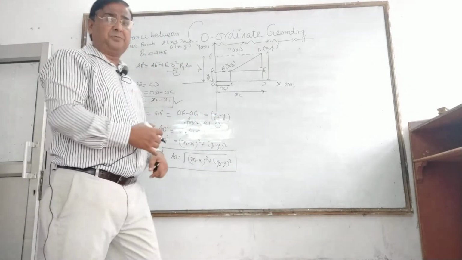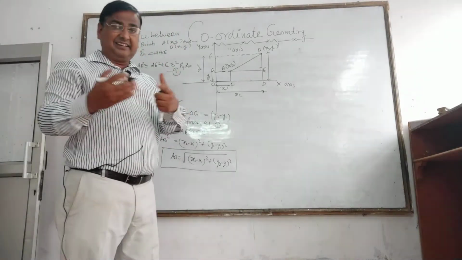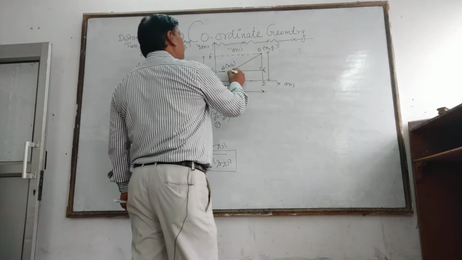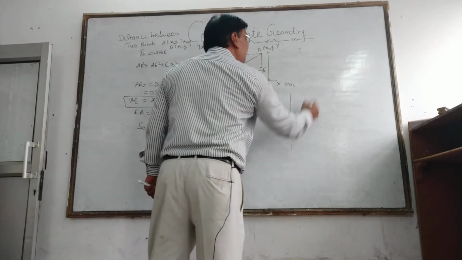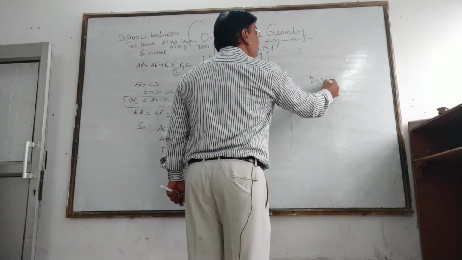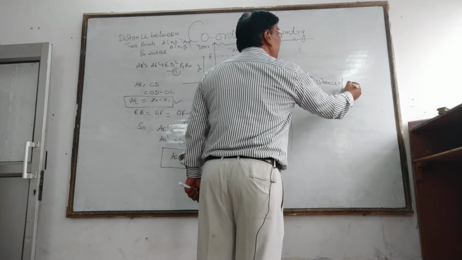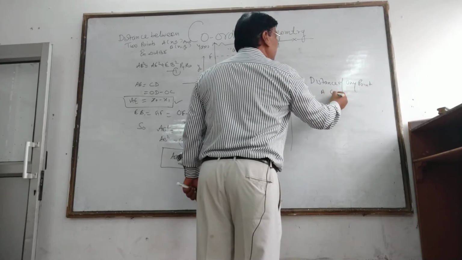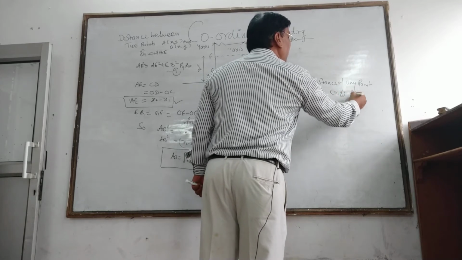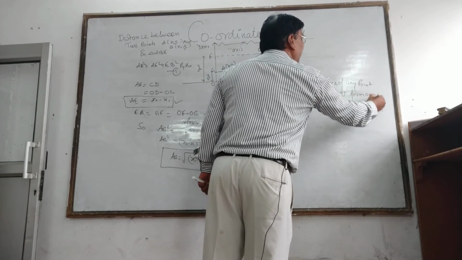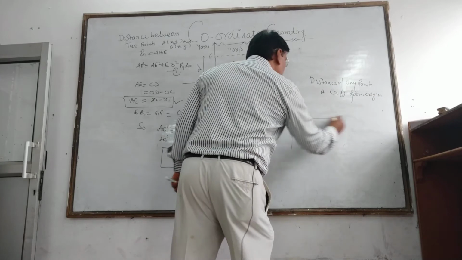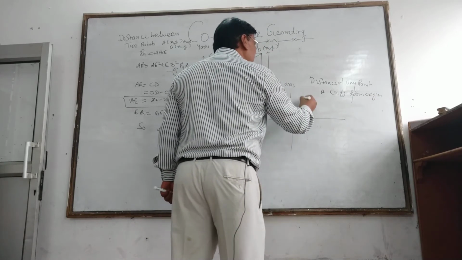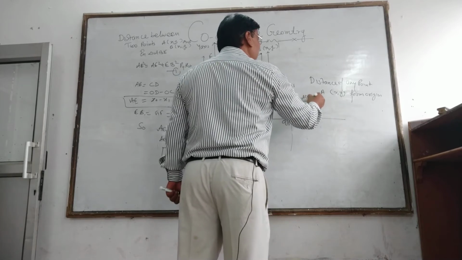With the help of this formula, you can find the distance of any point from the origin. If x1, y1 is at the origin, the distance of any point A (x, y) from the origin. Now look here, the origin is (0, 0) and A is (x, y).